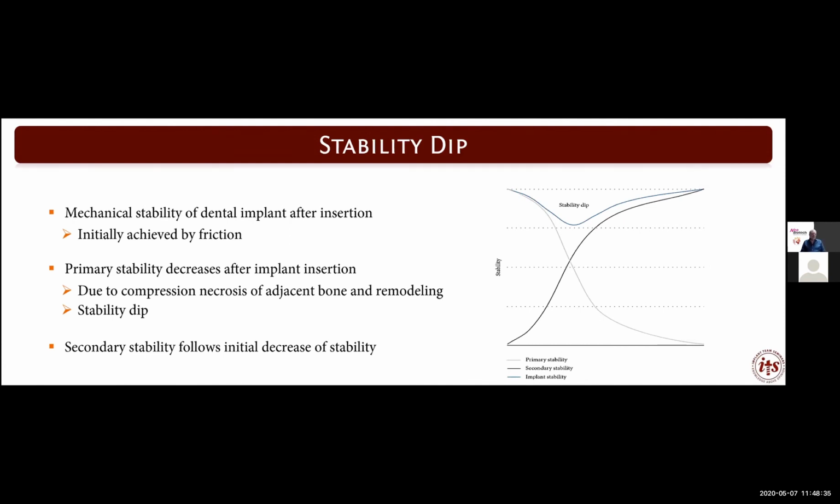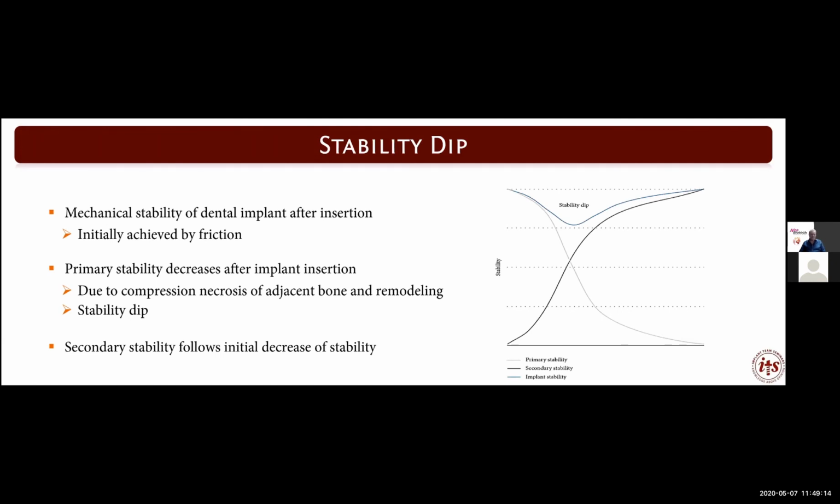It's time to talk about what we refer to as the stability dip of the implant as it proceeds to osseointegration. The process of osseointegration is divided into 3 phases: mechanical stability, primary stability, and secondary stability. Mechanical stability is after insertion, and it's due to the friction between the implant and bone and is dependent on the surface topography. The transition from mechanical to primary stability begins almost immediately.